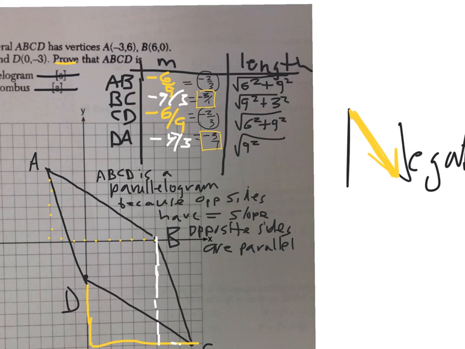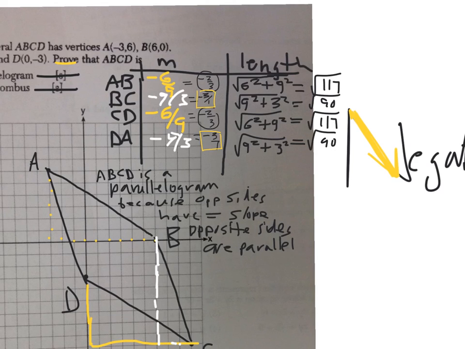After doing this, I'll have the lengths calculated out, and we'll notice that not all the lengths are the same. So 2 of the sides came out to be radical 117, and 2 of the sides came out to be radical 90.